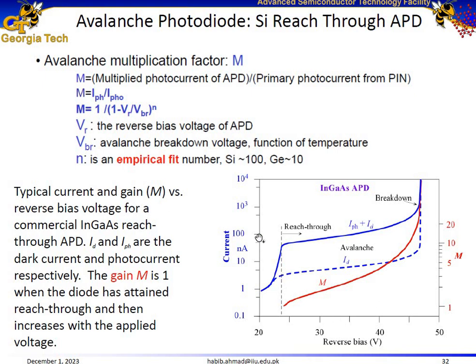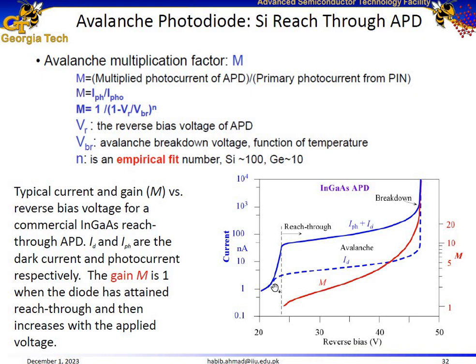So let us consider this figure in which we have plotted current versus the reverse bias voltage. Initially, at a reverse bias voltage of around 20 volts, looking at the blue curve, we have a particular dark current plus photocurrent, where the photocurrent is a result of the incoming incident photons on the photodetector.